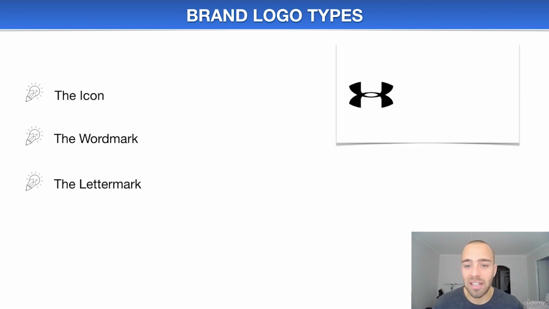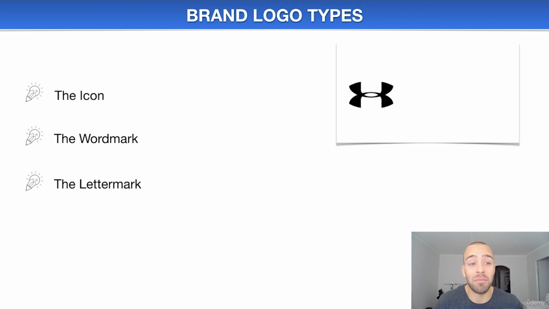The letter mark. What is the letter mark? The letter mark would be something for corporations, companies and brands that have a name that could be hard to pronounce. Maybe it is in a foreign language. So maybe if you are from America, people from Asia have a hard time pronouncing it, or the other way around, or something like that.